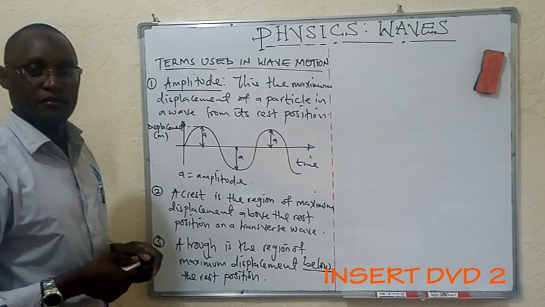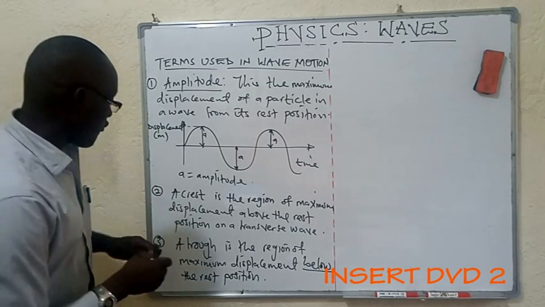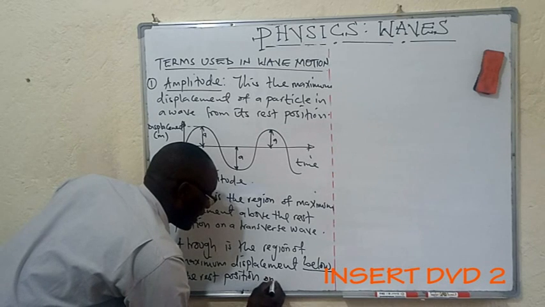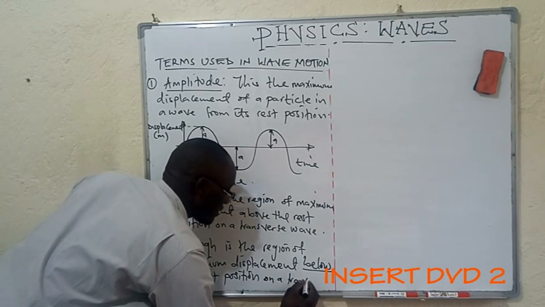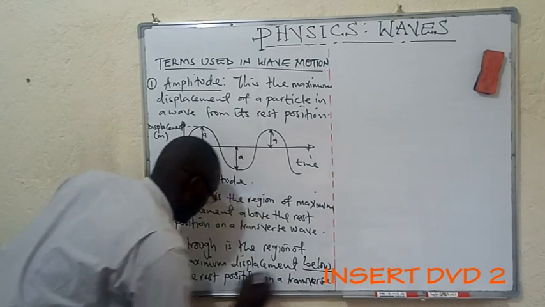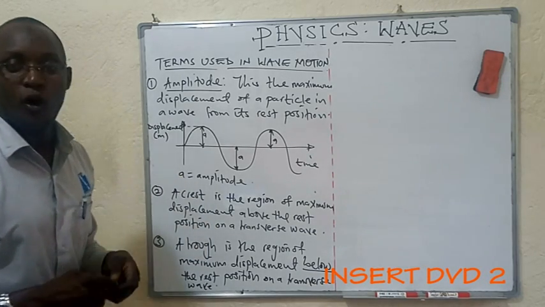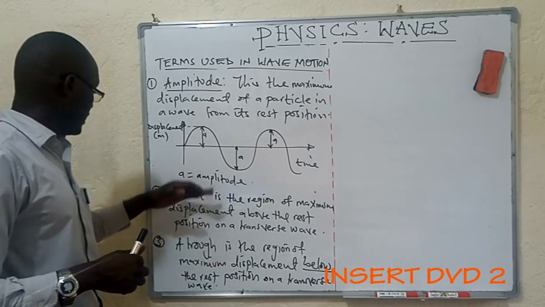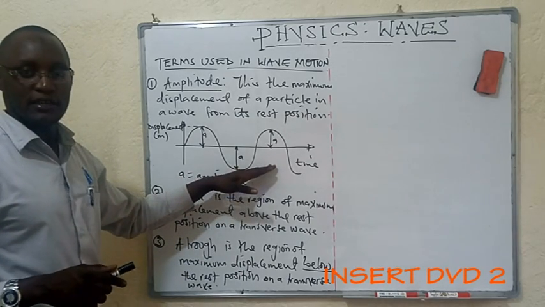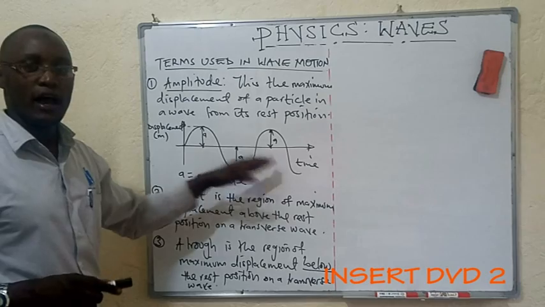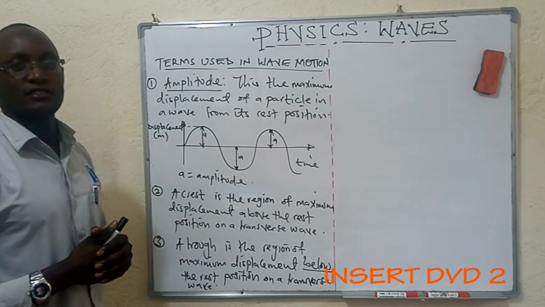Very interesting. So, of a transverse wave, or on a transverse wave. So we shall not find a trough on a longitudinal wave. It is only limited to a transverse wave.